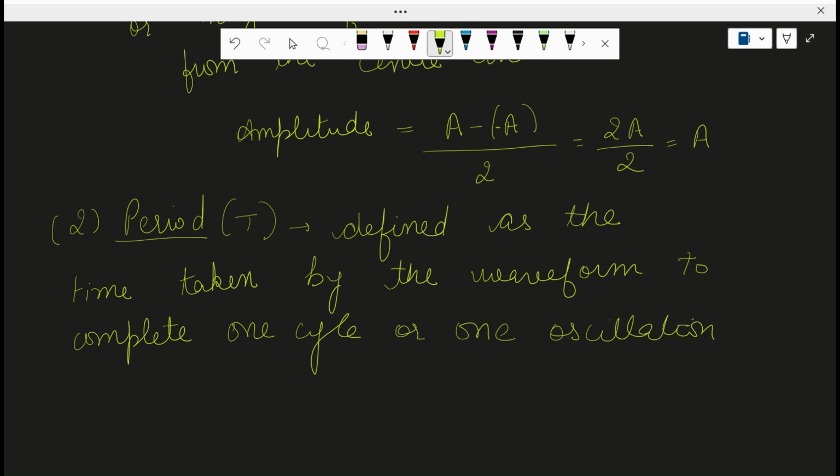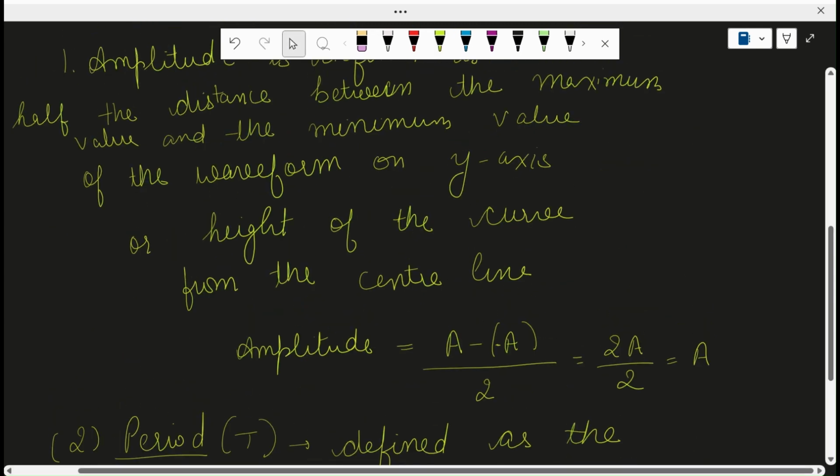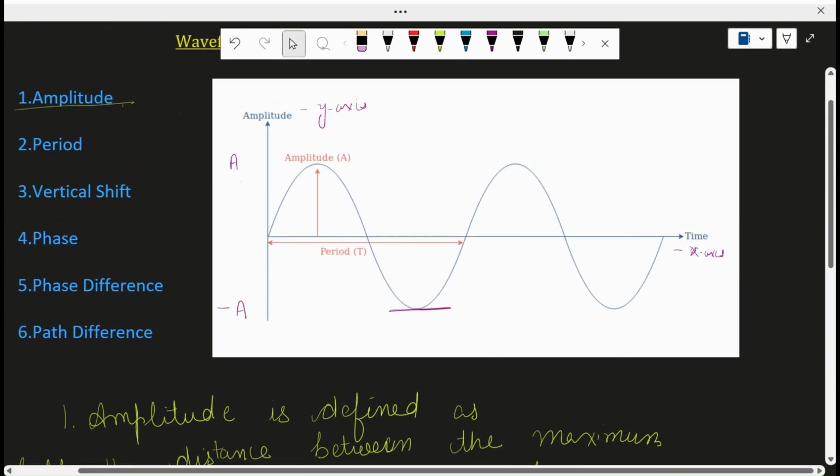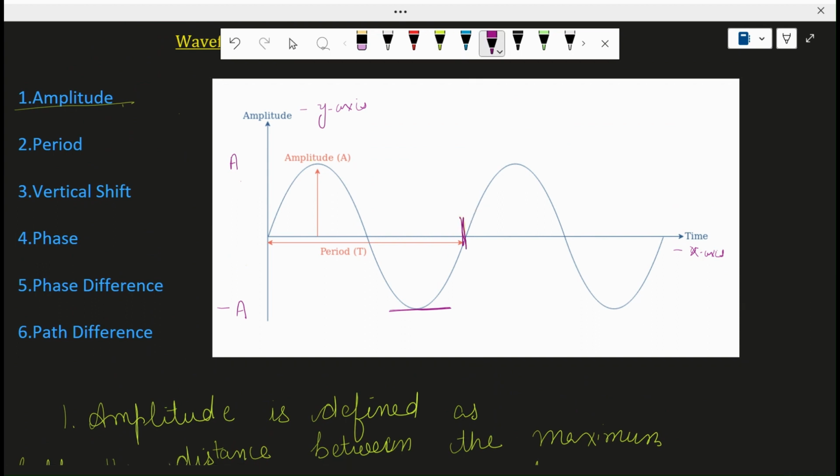Let me just tell you what a cycle or oscillation is. According to the definition, it is the time taken, and we represent the x-axis as time. So let's say time t.